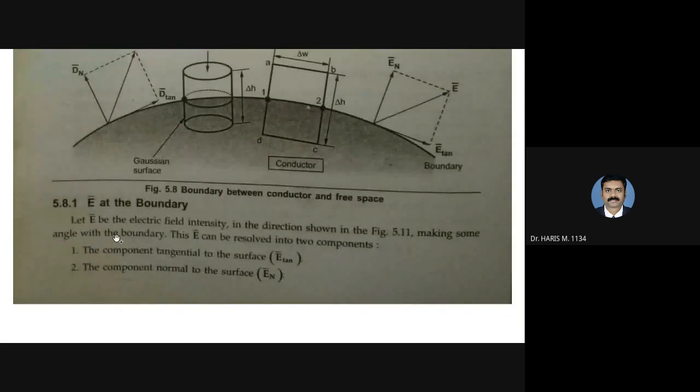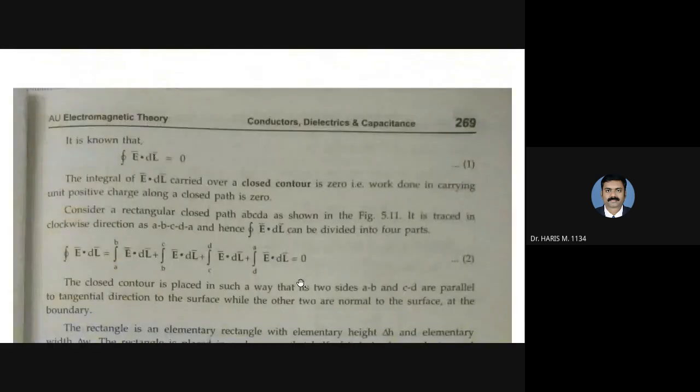As you can see from the picture, the electric field is composed of two components. That is the component tangential to the surface, E tan, and the component normal to the surface, En. From Maxwell's equations, we already have the integral of E dot dl equal to 0.